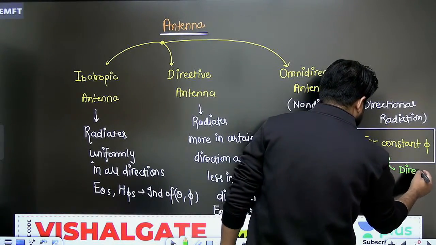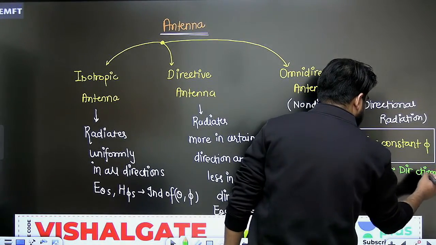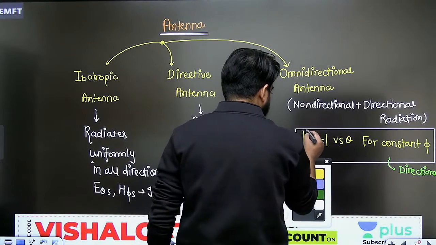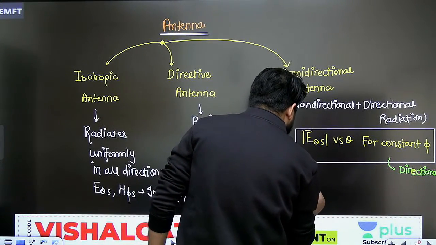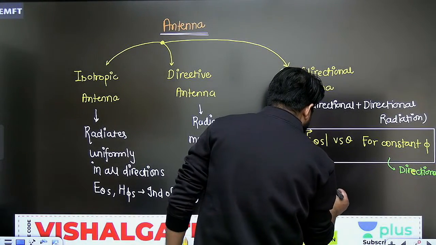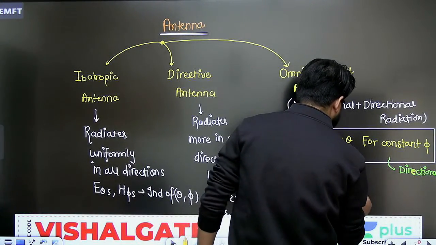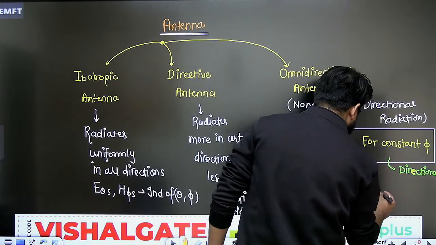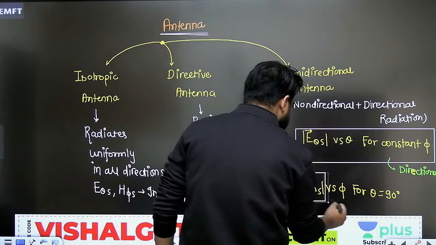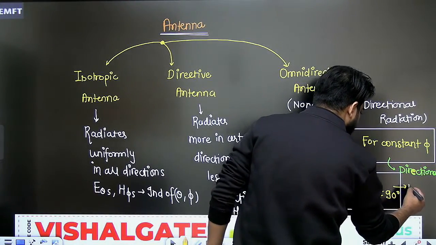It will be directional, which means it will depend upon theta and phi, or maybe any one of them. But second, if you plot E theta s versus phi, for theta equal to 90 degrees, that will be non-directional.